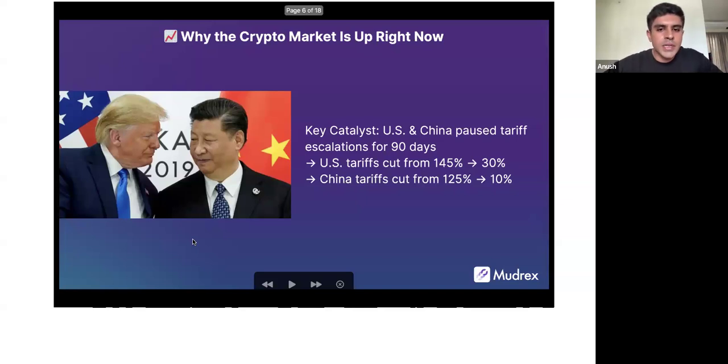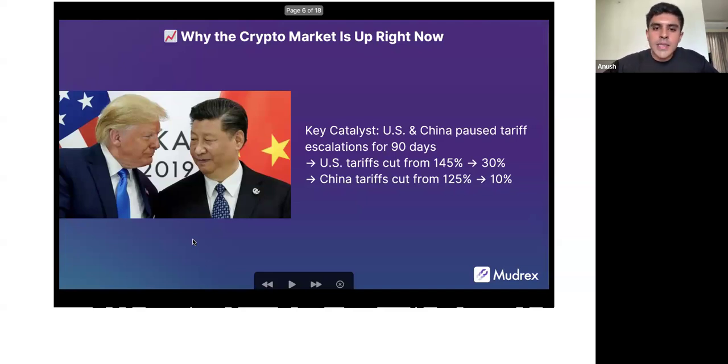Now, the natural question is, why does this matter for crypto? Well, the simple answer is global trade tensions and high tariffs create uncertainty in financial markets. Usually, when tariffs are high, they can slow down economic growth, disrupt supply chains as well, and also increase costs for businesses and consumers.